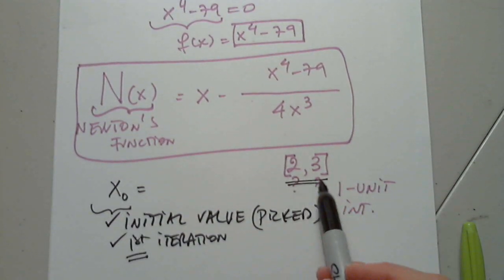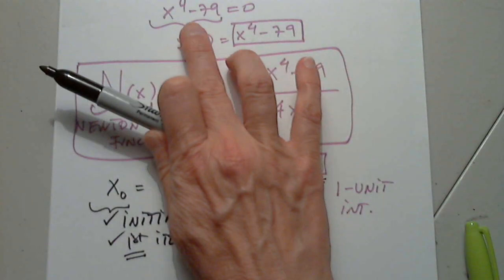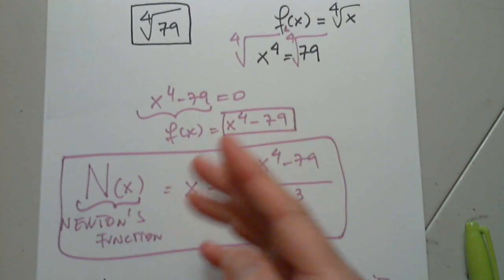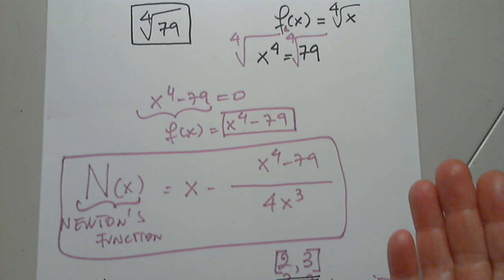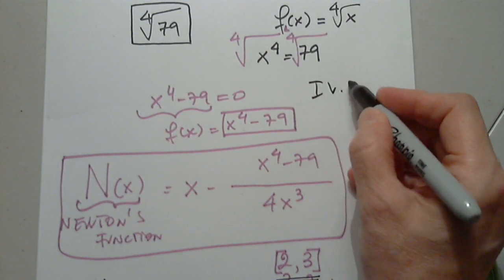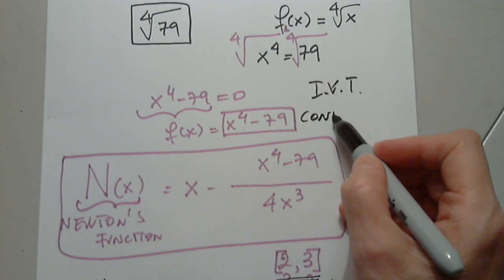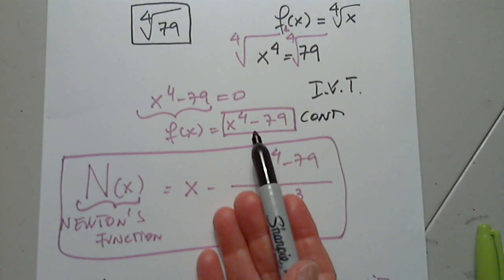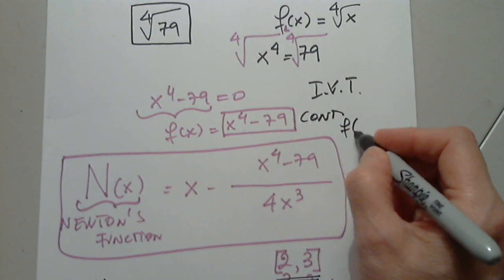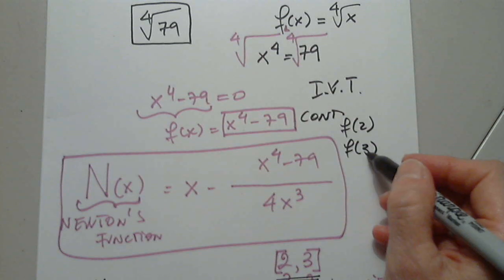So I already know, normally I wouldn't do this. I will put the function in and plug in numbers and see where it changes from positive to negative by the IVT for continuous functions. I will say this is continuous everywhere because it's polynomial. And I will say that f of 2 and f of 3, one of them is positive, one of them is negative.